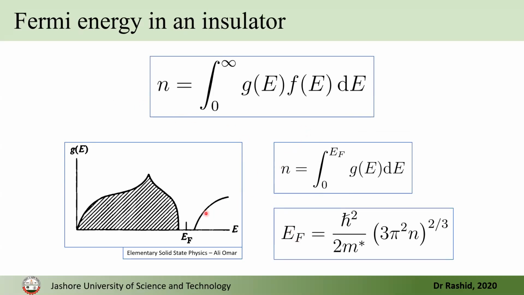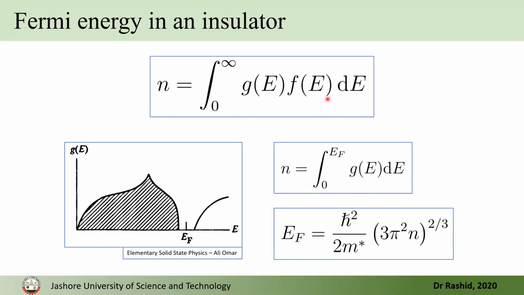So just to show an example, for the insulator, since the Fermi energy is in the middle between the valence band and conduction band, if we integrate up to the Fermi energy, we will have the concentration of the carriers. That means in terms of the concentration of carriers, if we integrate the density of state from 0 to the Fermi level, we get the Fermi value, just simplifying this one.